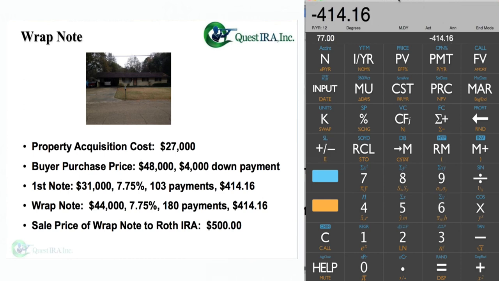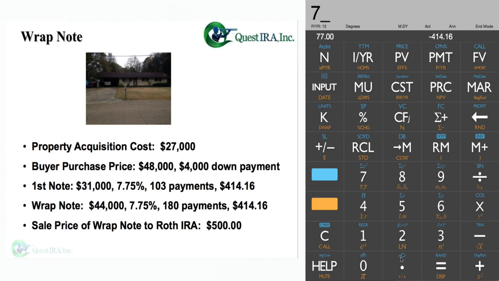And in this case, let's see, if that's the interest rate. Huh.